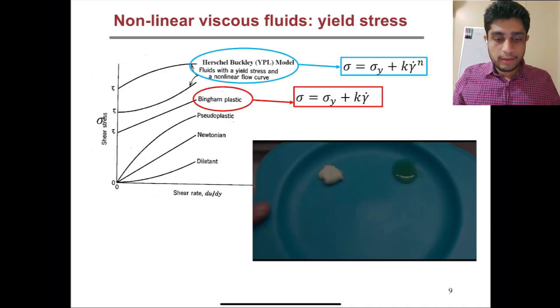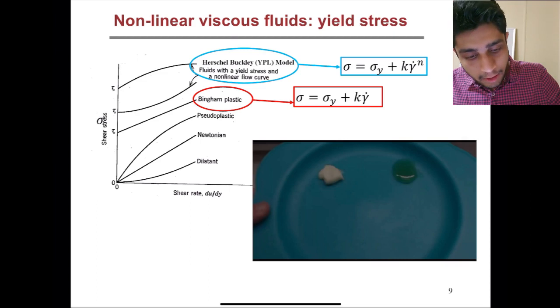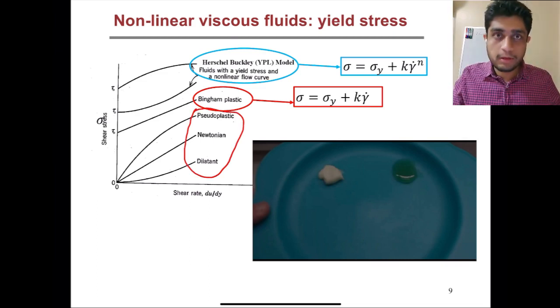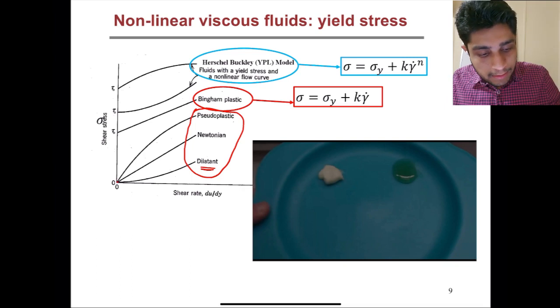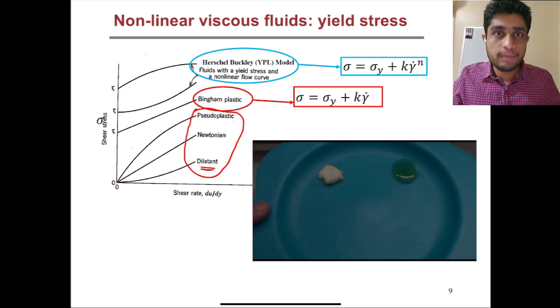Yeah, so I talked about pseudoplastics, that is shear thinning fluids, Newtonian fluids, and shear thickening dilatants. One thing that is common among these is that all of them flow or deform even if we apply an infinitesimal stress.